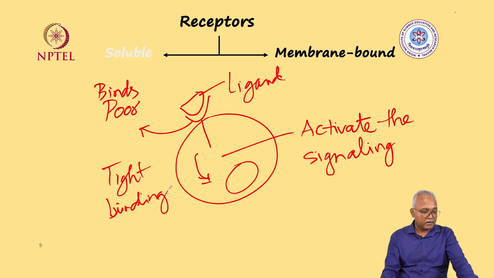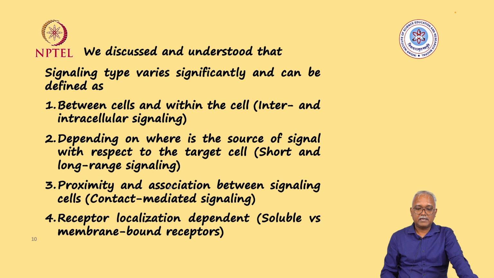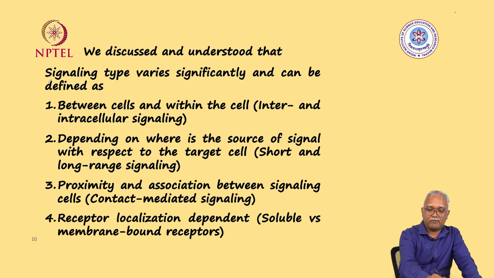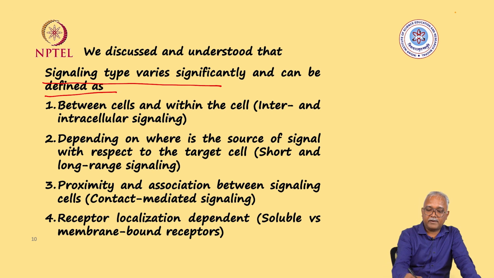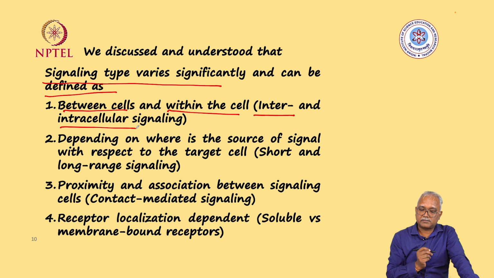Okay, so basically what we have learnt in today's class is that signaling type varies significantly, and we can define it in simpler ways, that the signaling could be between cells or it could be within the cell. So it could be intercellular or intracellular signaling. Depending on where the source cell is located, which is generating the signal, and how far the signal is traveling to find the target cell, it could be short range signaling or long range signaling.